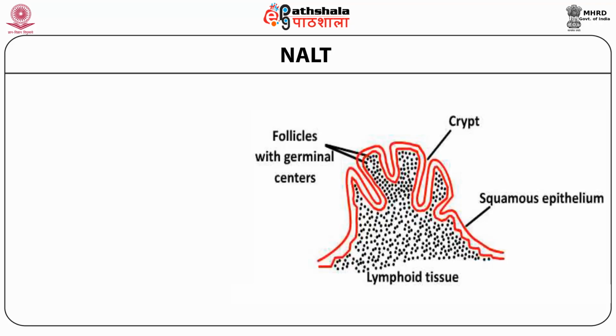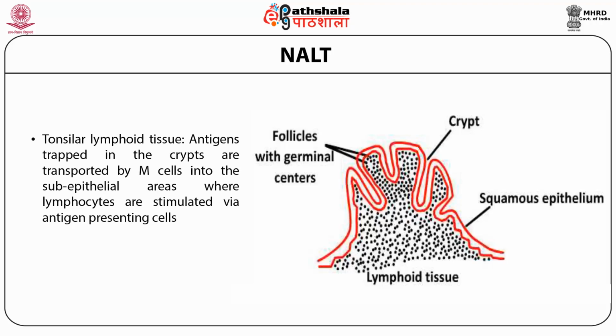NALT essentially handles airborne microorganisms. These tissues, unlike lymph nodes, do not have lymphatics. In tonsillar lymphoid tissue, for example, the antigens trapped in the crypts are transported by M cells into the subepithelial areas where the lymphocytes are stimulated via the antigen presenting cells.